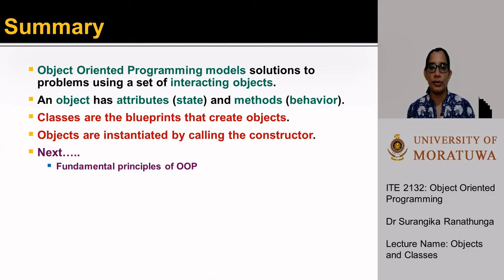To create the objects, we use classes as the blueprints. And when a class is used to create an object, the object is initiated or constructed by calling the constructor in the class. So next week, we will start looking at the other fundamental principles of object-oriented programming.